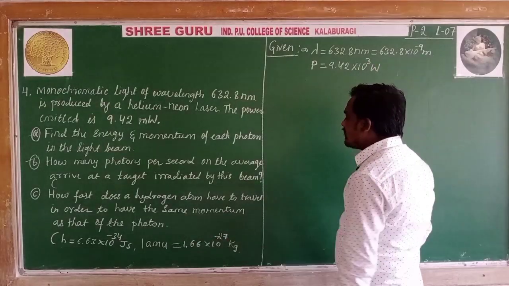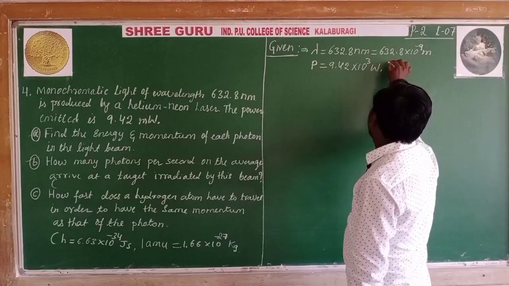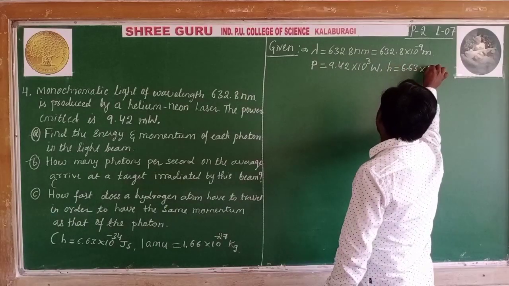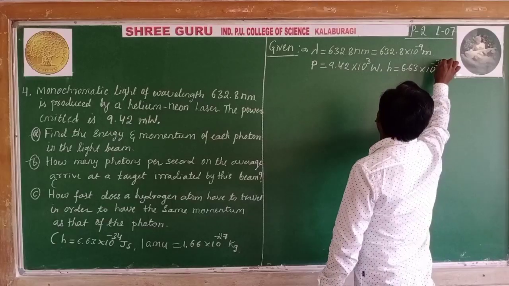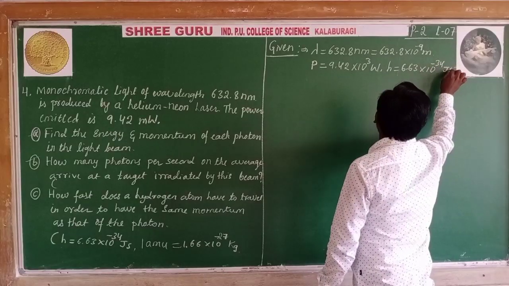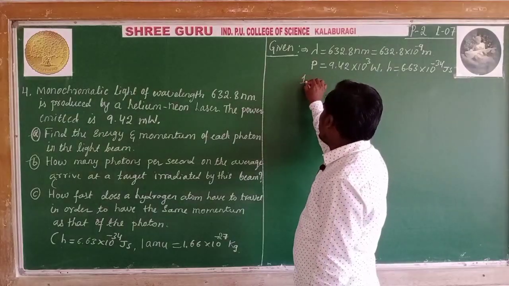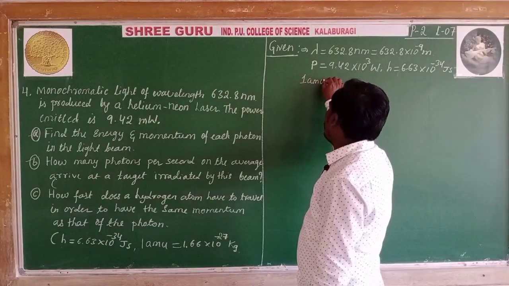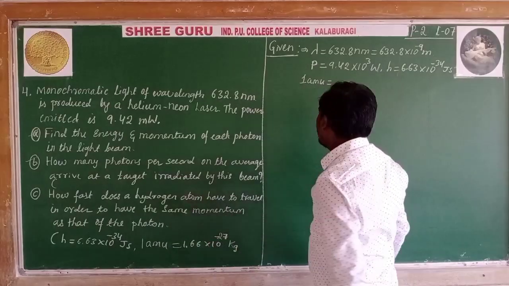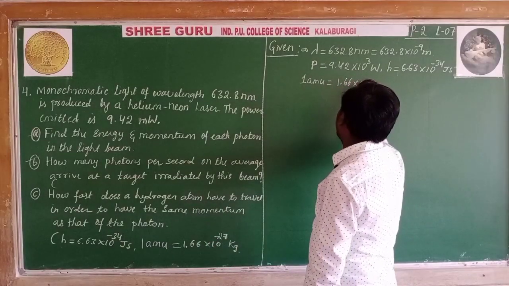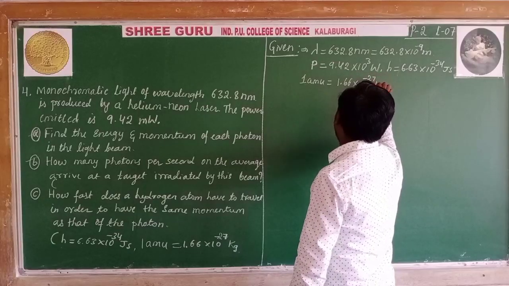Then they mention the h value, 6.63 into 10 raised to minus 34 joule second, and one atomic mass unit of hydrogen is 1.66 into 10 raised to minus 27 kg.